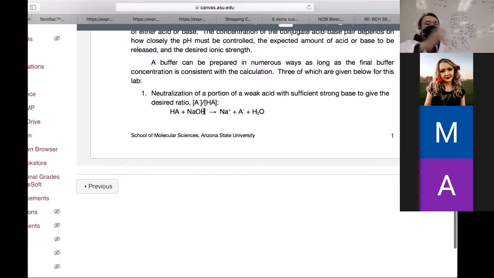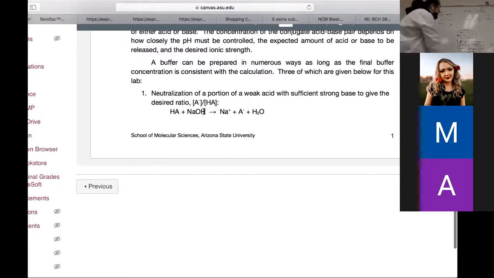Number one, method one, you are using weak acid and strong base. I'm not sure if you can see here on the top; it shows method one, the weak acid and strong base.